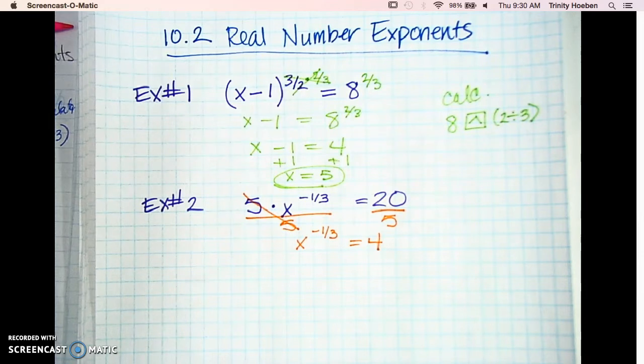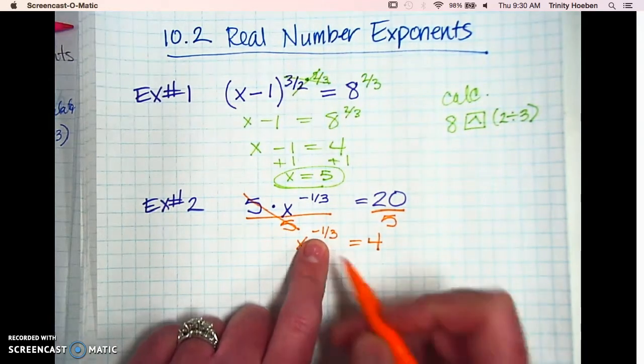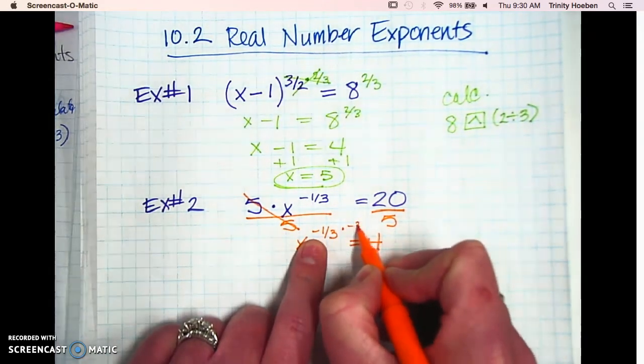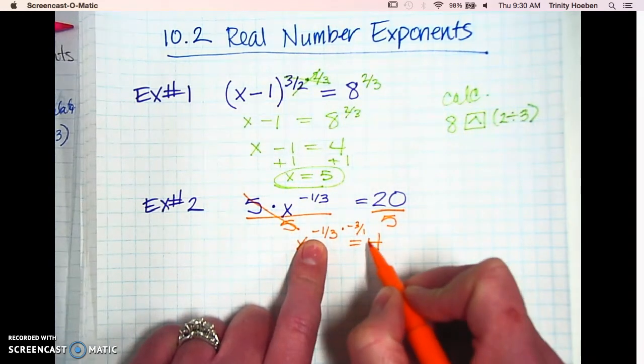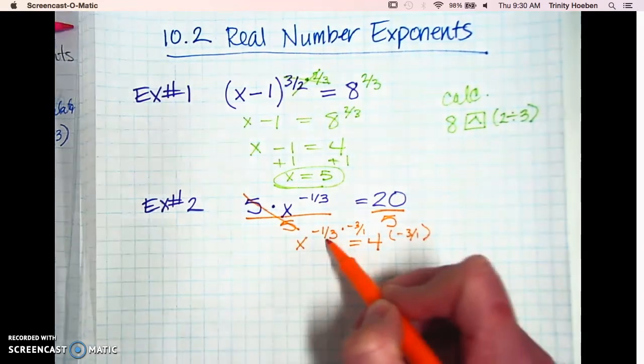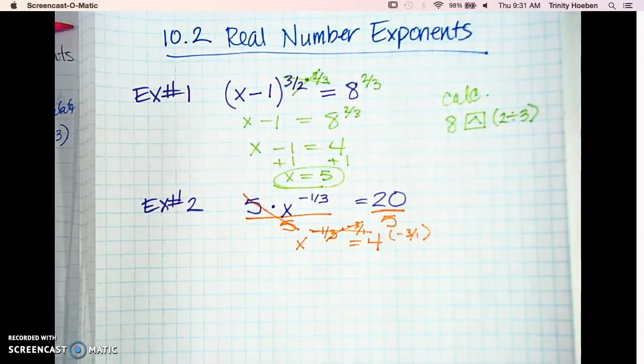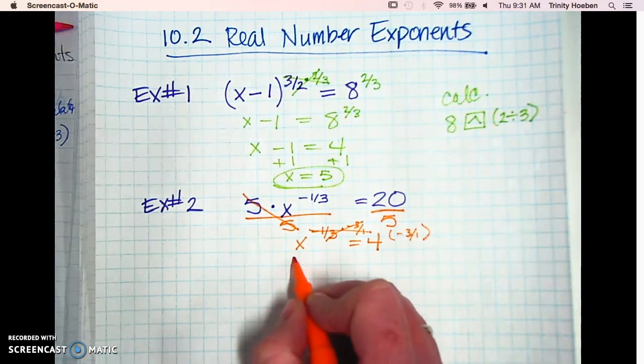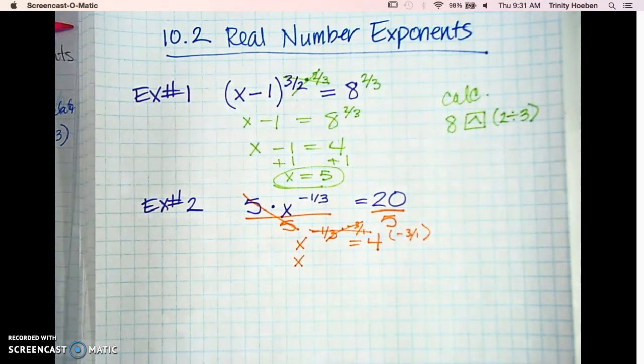And then if we just flip this fraction, right, to negative 3 over 1, take this to a power of negative 3 over 1. These cancel, right, and a negative times a negative is a positive, so we're just left with x on the left.